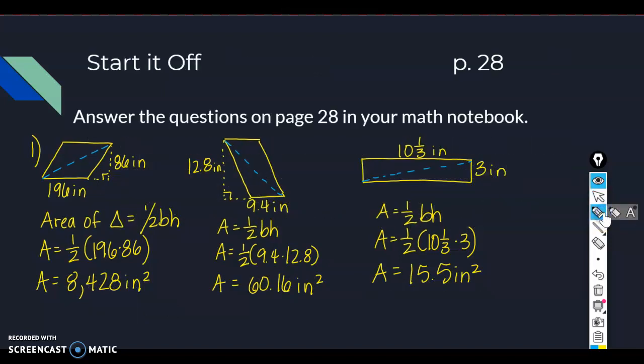For the second one, we have an area of 60 and 1,600 inches squared for each of the triangles. And for the third one, we have an area of 15.5 inches squared for each of the triangles. Now let's look at number 2.